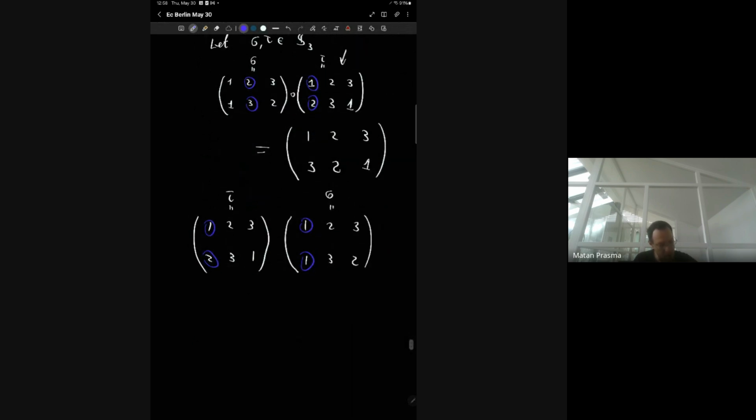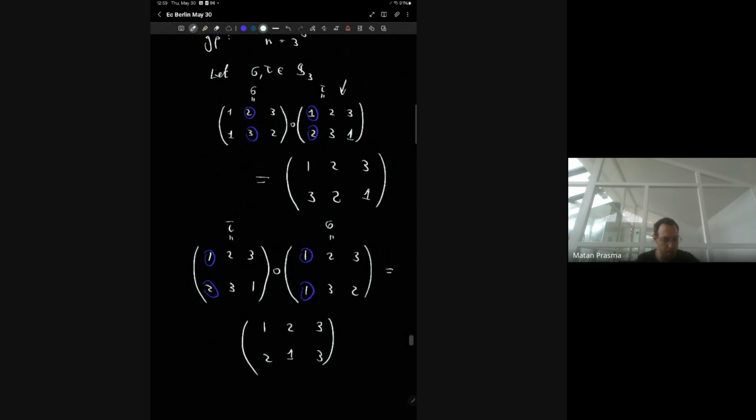So 1 goes to 2. 2 goes to 3, and then 3 goes to 1. So 2 goes to 1. And 3 goes to 2, and 2 goes to 3, so 3 goes to 3. Okay, and this is a different permutation than the composition in the other order.